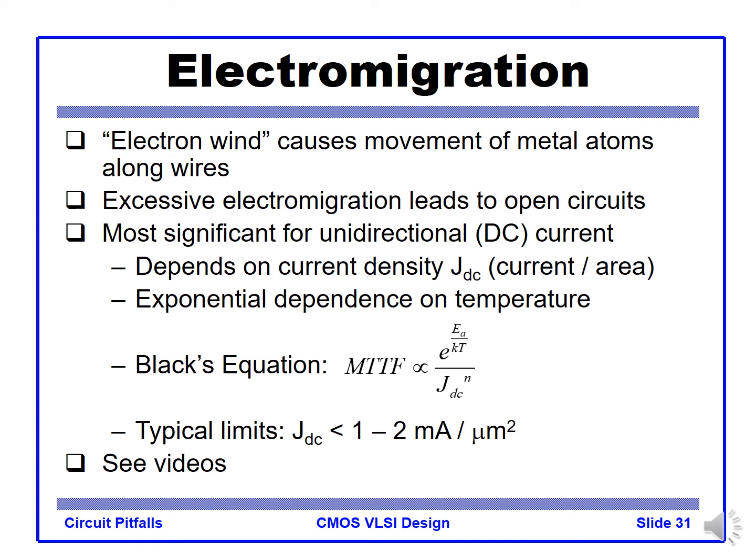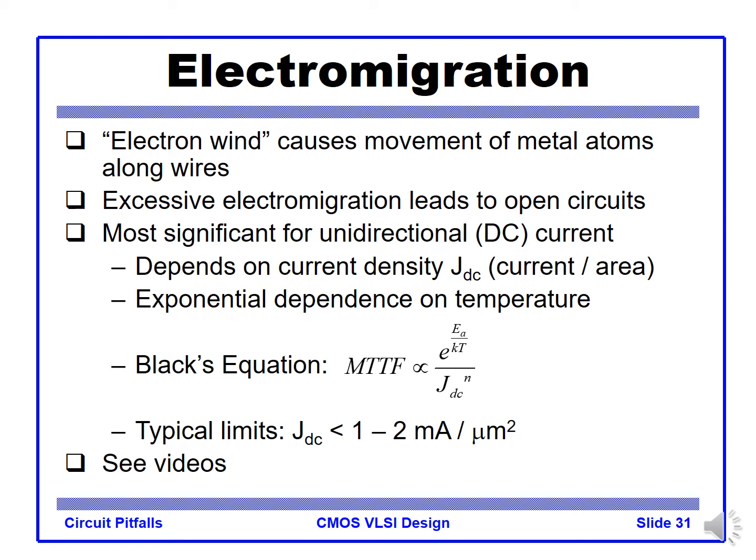Another thing that you have to consider is electron migration. Electron migration is caused by the electron wind. This is the movement of metal atoms along the wire.